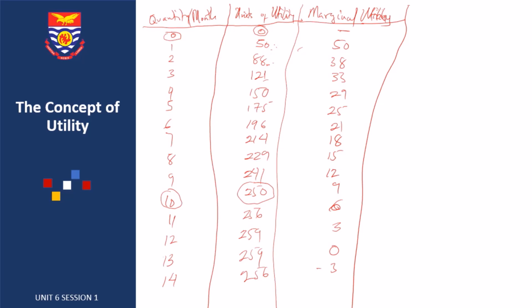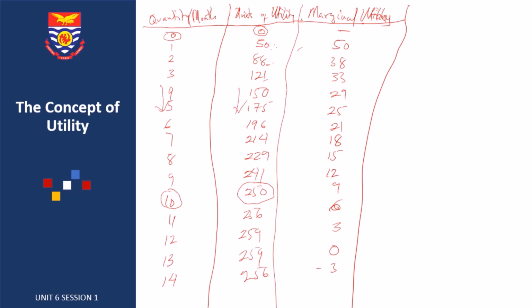So from this table, you can see the marginal utility of Vero's consumption of movies. When Vero's consumption increases from 4 to 5 movies, the utility increases from 150 to 175.